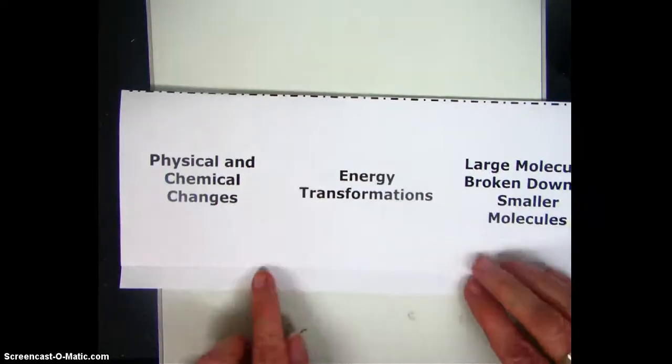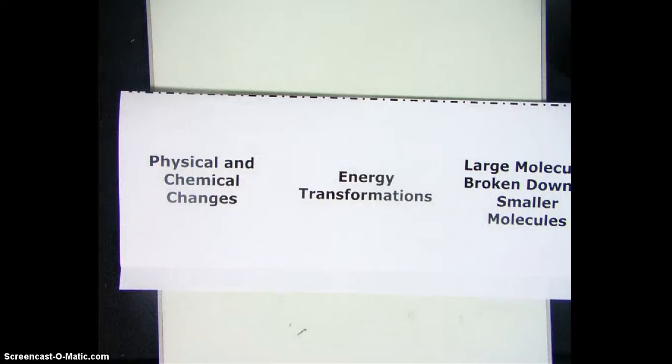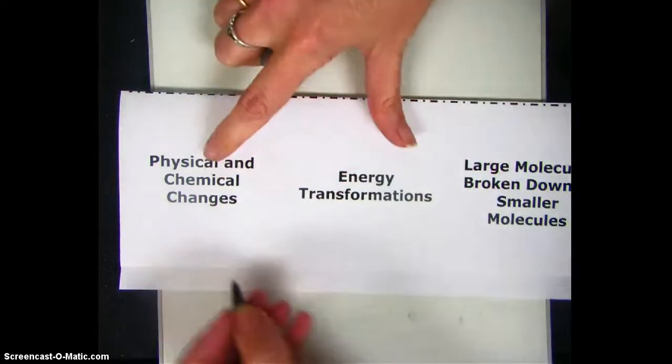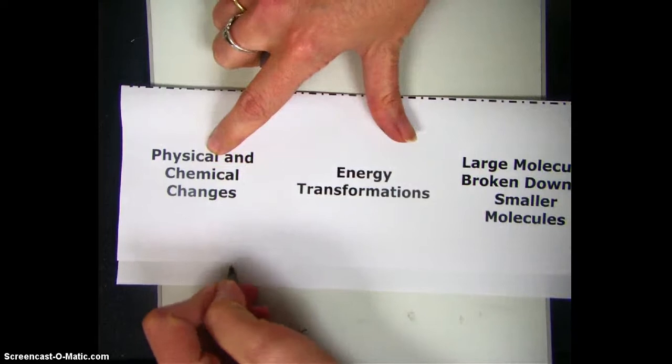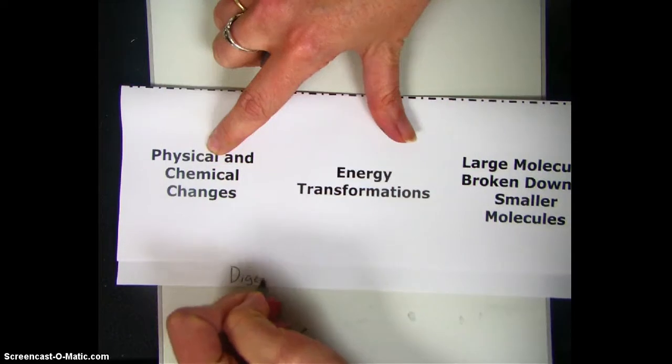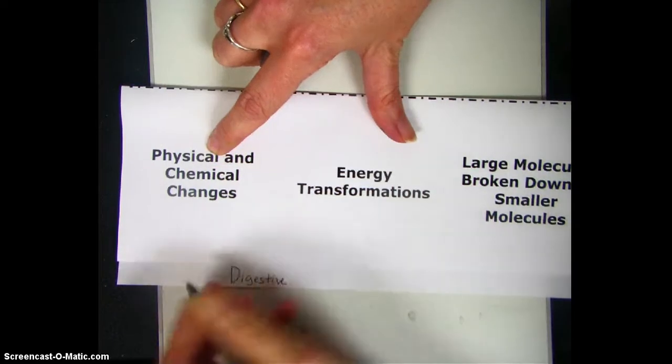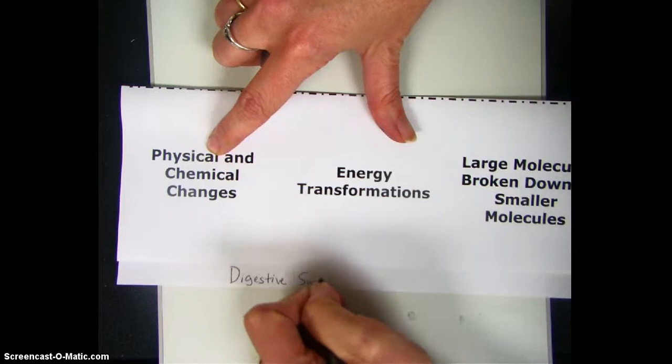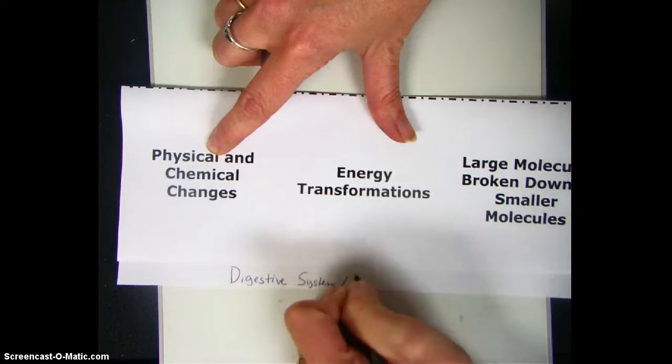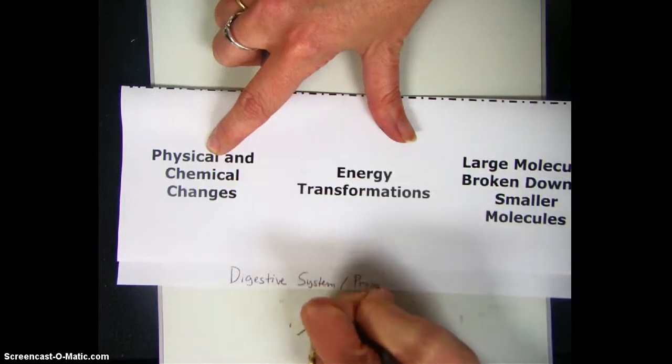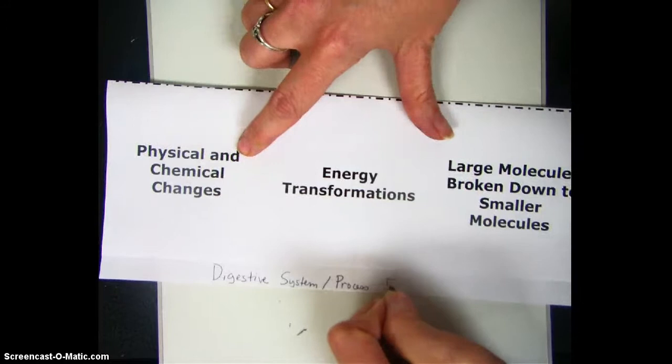And the first thing we're going to do is title our foldable. The title of our foldable is going to be Digestive System / Process Foldable.